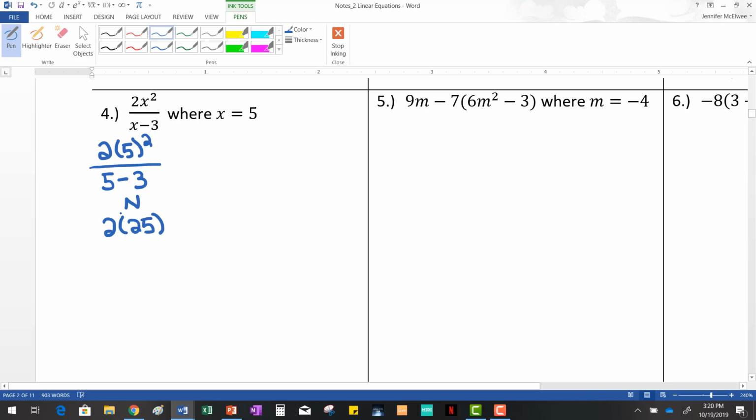I'll put an n for numerator here. 2 times 25 will give me 50. For my denominator, well, that's only one step. That's 5 minus 3, which would give me 2. If I put my numerator and denominator back together, I have 50 over 2, which would give me 25.